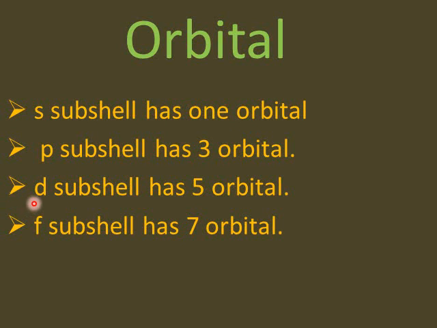And similarly the d subshell has 5 orbitals, so it can accommodate 10 electrons. So here we have a proof of why the d subshell contains 10 electrons: because it has 5 orbitals and each orbital carries 2 electrons according to Pauli's exclusion principle. The f subshell has 7 orbitals and each orbital will accommodate 2 electrons, so it's going to be 14 electrons.